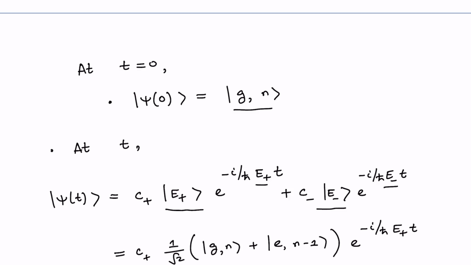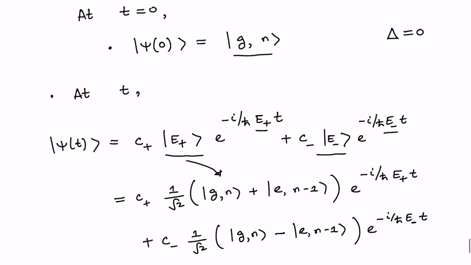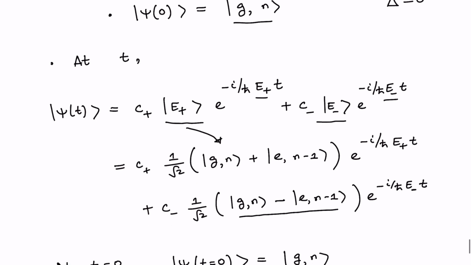By the way, we are considering here the case delta is equal to 0, that means the resonant condition, and we have worked out E+, which is the symmetric superposition of |G,n> and |E,n-1>, and similarly E- is the antisymmetric superposition of |G,n> and |E,n-1>. Then these are the coefficients C+ and C-.